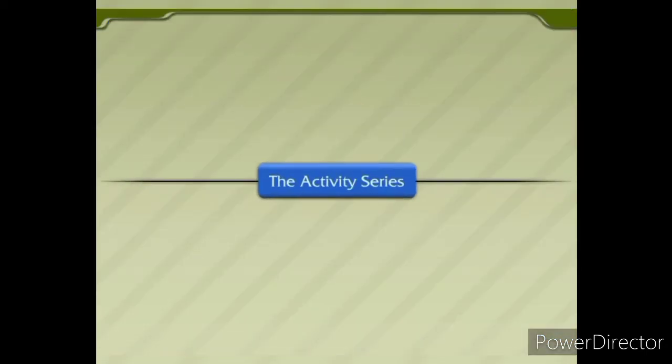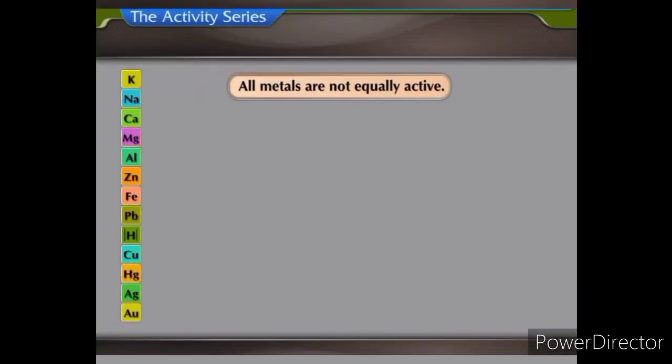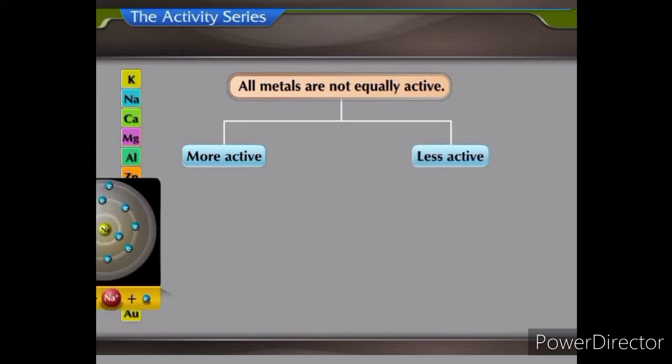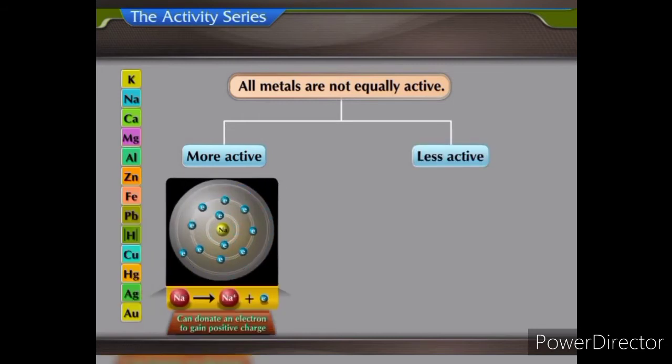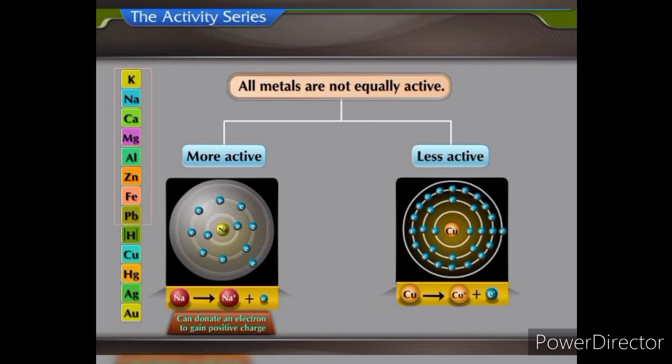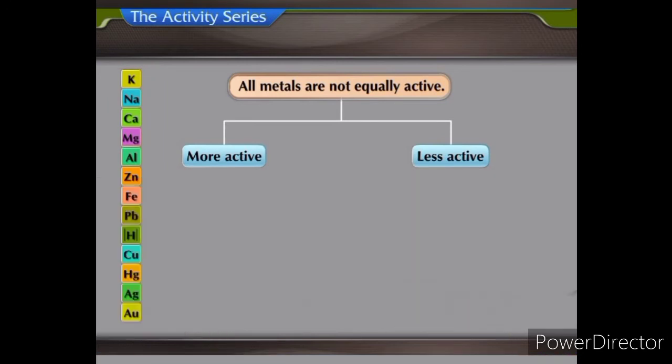The activity series. All metals are not equally active. Some of them are more active, while others are less active. Metals which can easily donate electrons to gain positive charge are active metals, while less active metals do not lose electrons easily.